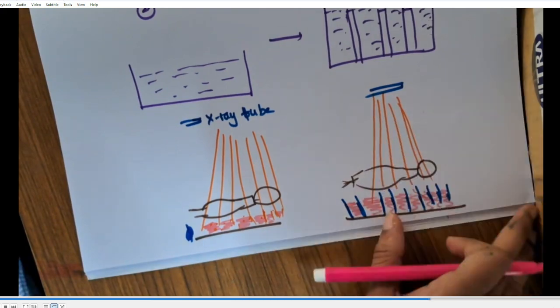The number of photons per unit area without a grid is less when compared to when a grid is used. So the film is 15% darker with the stationary grid because photons are concentrated between the lead strips.